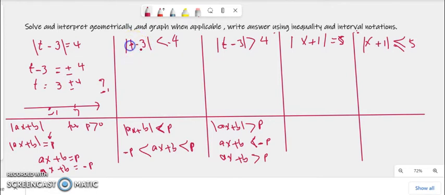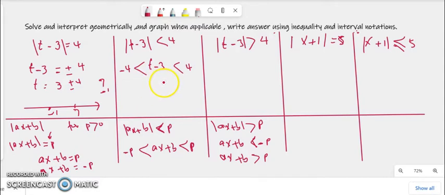So, the absolute value of t minus 3, that's the second problem, less than or equal to 4. Okay, let's apply the theorem here. So it will be t minus 3 is greater than or equal to negative 4 and less than or equal to 4.